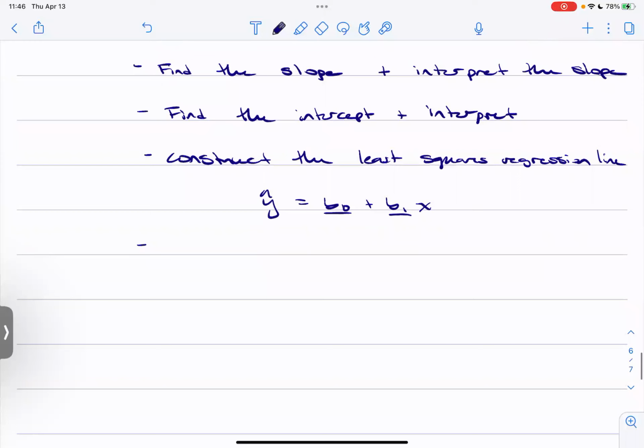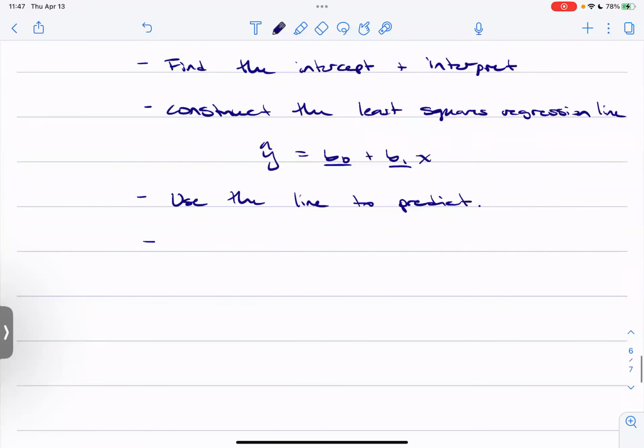Then you use the line to predict a value, but you're extrapolating usually. And so here I'll just say extrapolation.